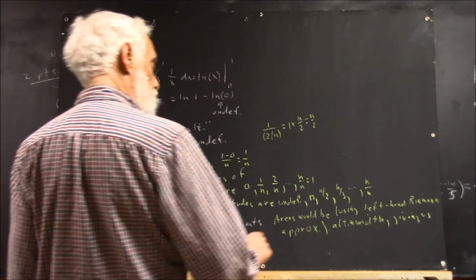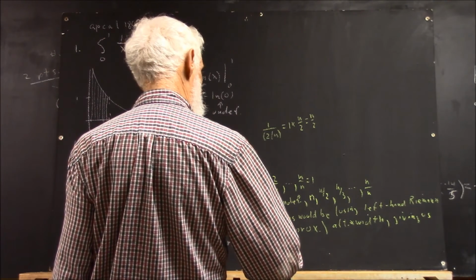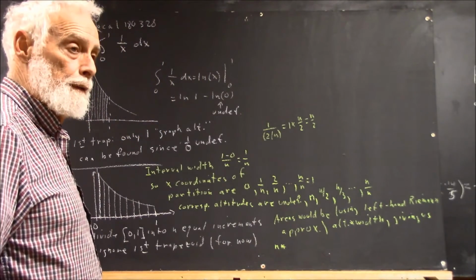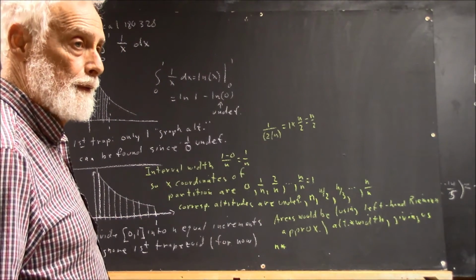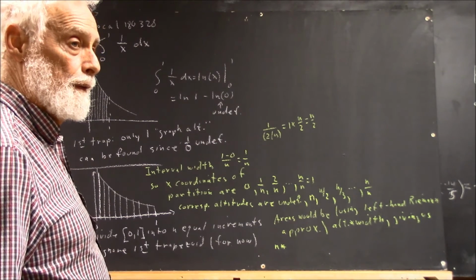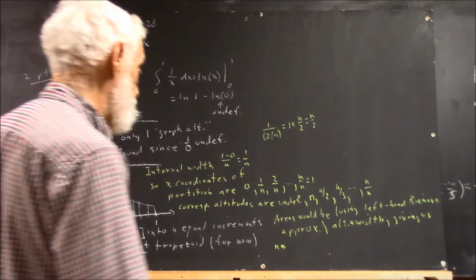Well, the altitude of the first one would be n. And what's the width? Just 1 over n.